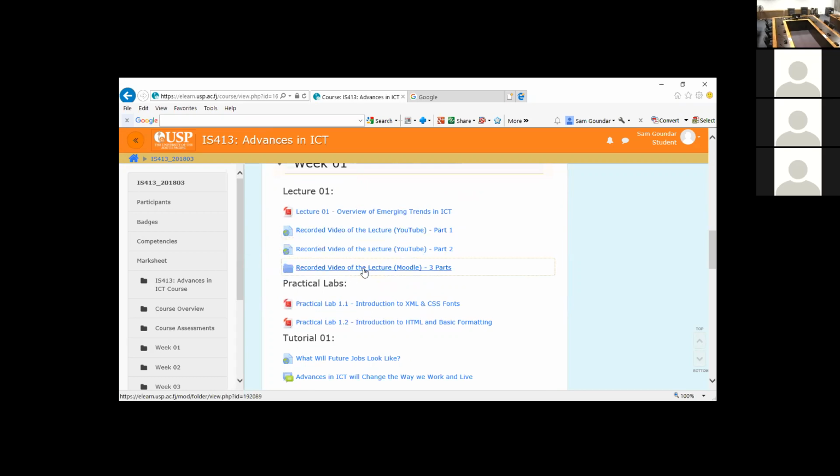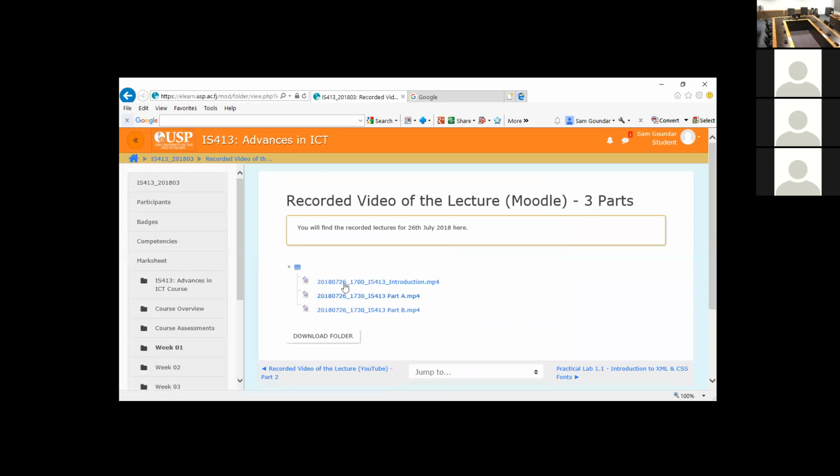And if you click on this folder, what you can see is that there are 3 different files. Okay, that large one file has been chopped into 3 different files so that we are able to upload it to Moodle, because the maximum size of a file that you can upload on Moodle is 60 megabytes only.